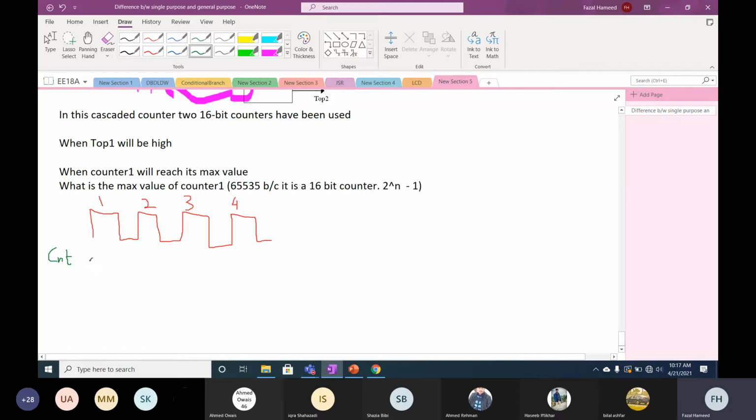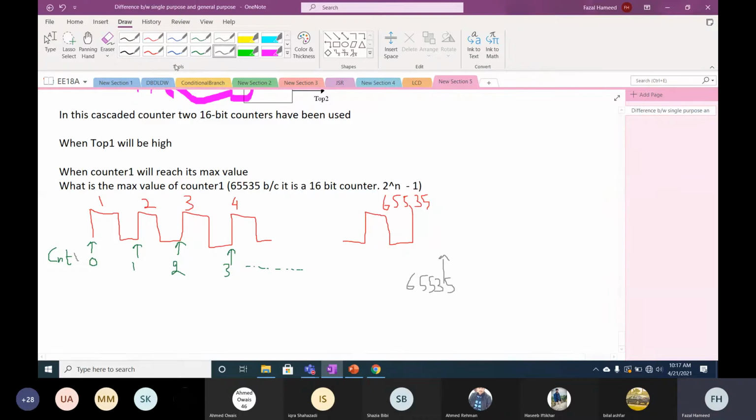The value of count 1 is 0 at this point, 1 at this point, 2 at this point, 3 at this point. At one point, when the number of clock cycles reaches 65,535, count 1 will be 65,535. Am I right or not?